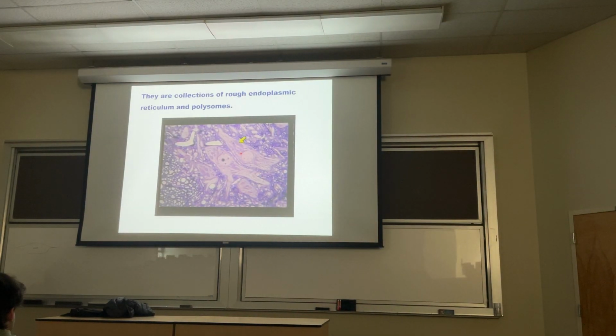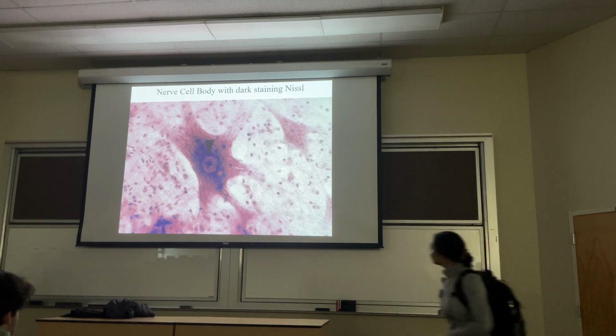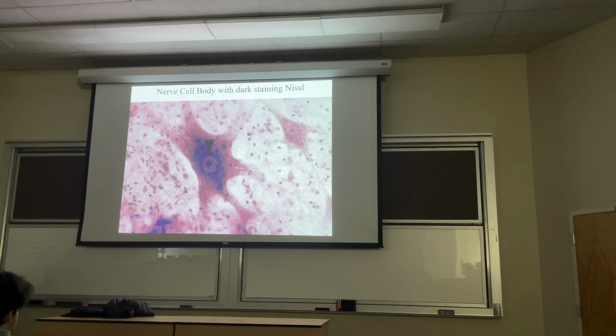Again, the same image. This is the Nissl substance, rough ER and ribosomes that are grouped together. Here we see the nucleus and the nucleolus and the Nissl substance that we see staining here as well. Here is some processes coming out.